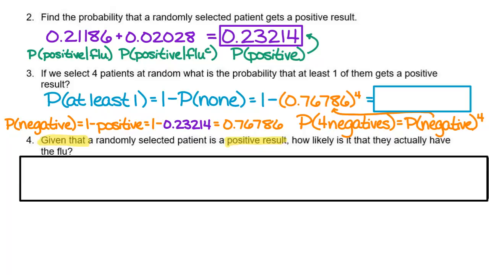First person has a negative, and the second person has a negative, and the third person has a negative, and the fourth person has a negative. So the probability of the first is this, times the probability of this again for the second person, times the probability of this again for the third person, times the probability of this again for the fourth person. We get, yes, right about 0.65, yes.